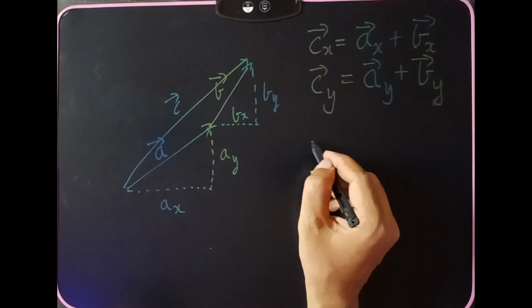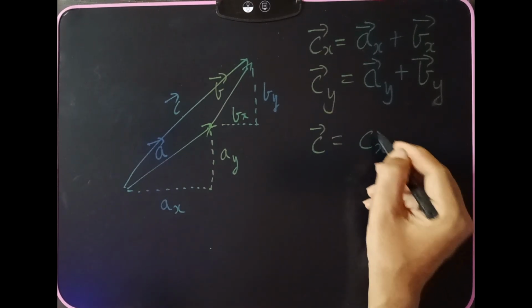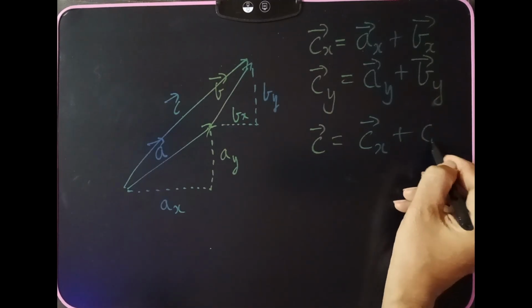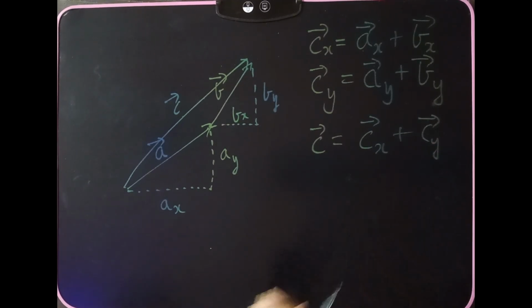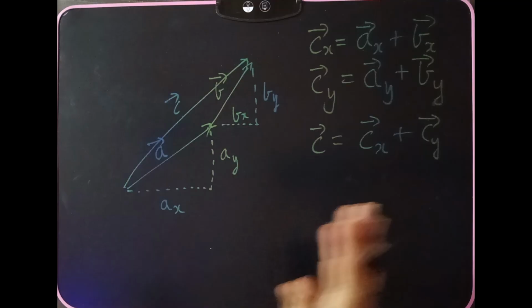So now we can simply write C vector is equal to Cx plus Cy vector, right? So now what we can see overall by studying this, I'll take it to the next slide.